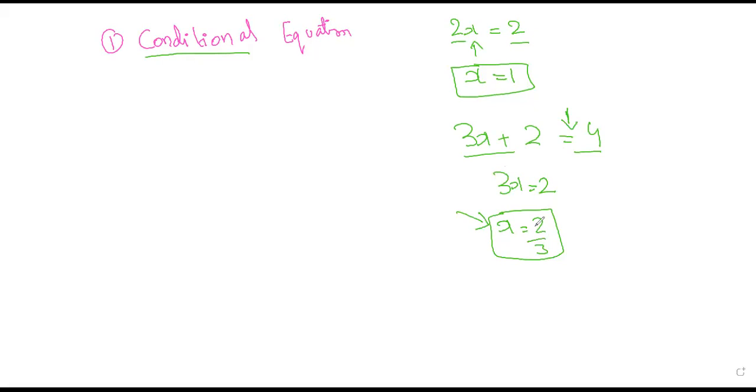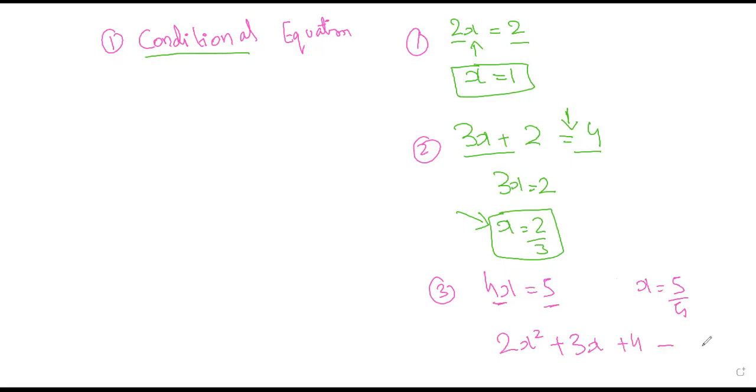If I talk about some more examples, this is the first one, this is the second one, then the third one could be 4x equals 5. What is the condition? The condition is that x should be 5 by 4, only then it would be an equation. And the last one would be 2x squared plus 3x plus 4 equals 0.